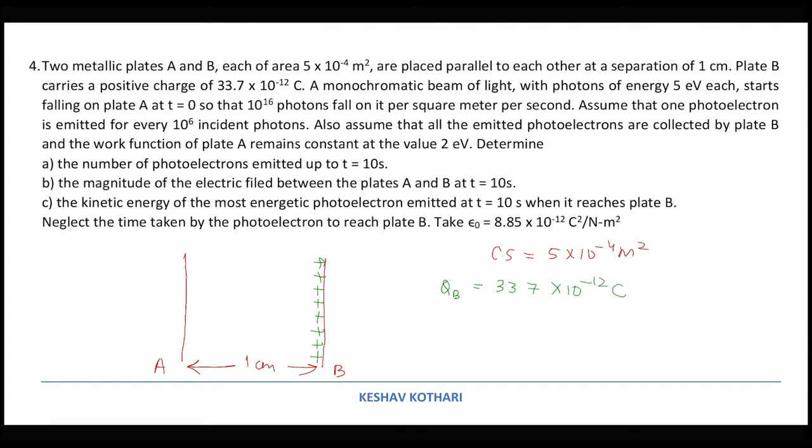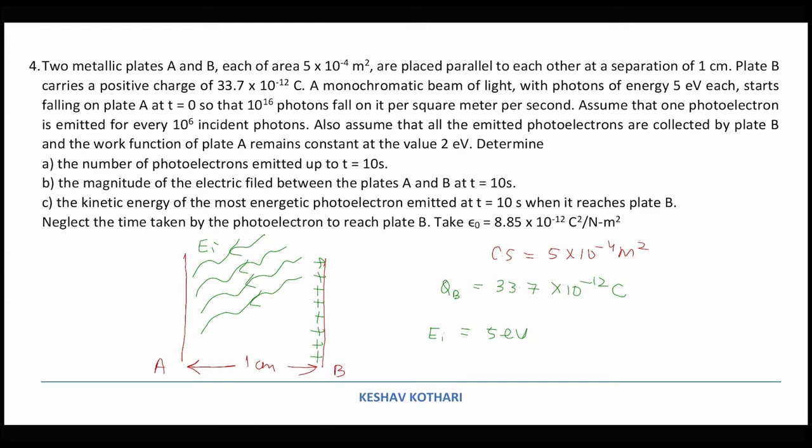Now a monochromatic beam of light with photons of energy 5 electron volt each starts falling on plate A. So the value of this incident energy on plate A is equal to 5 electron volt, so that 10^16 photons fall on it per square meter per second.